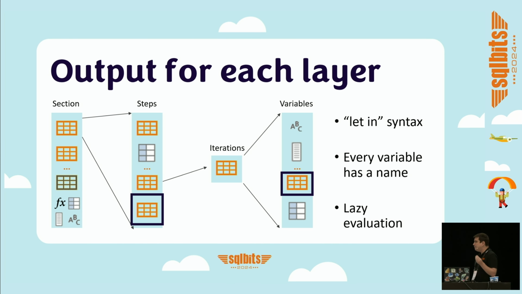And every variable does a lazy evaluation. What is that? It doesn't mean that if I declared all of those steps in the variables lane, I will actually execute all of them. If somehow I put in some code that I don't reference, I don't need it anymore, it simply isn't evaluated.